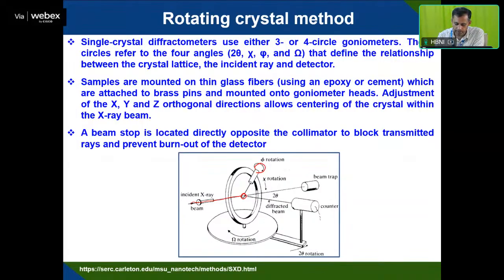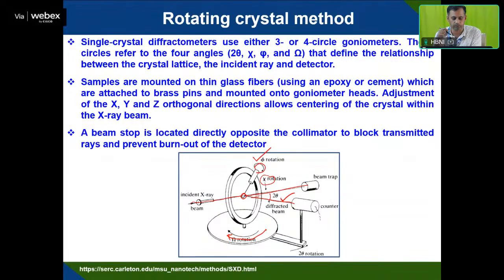Then theta orientation, phi orientation of the crystal. Then there is a stage rotation, that is omega, and in addition you have a rotation with respect to the beam stub, that is chi. So you have a 3 or 4 circle goniometer here.